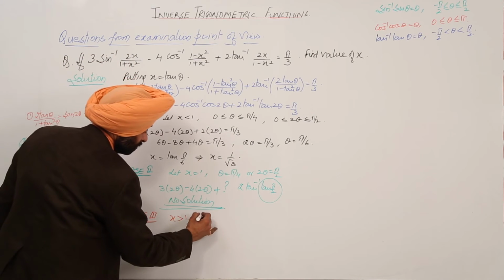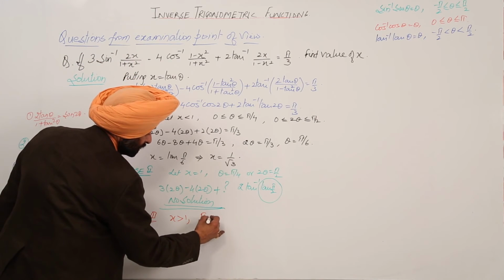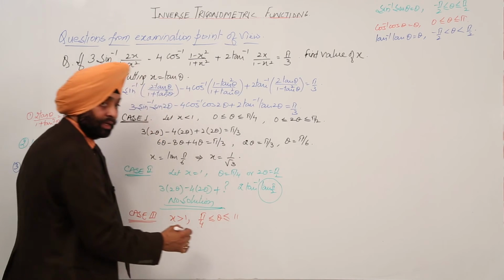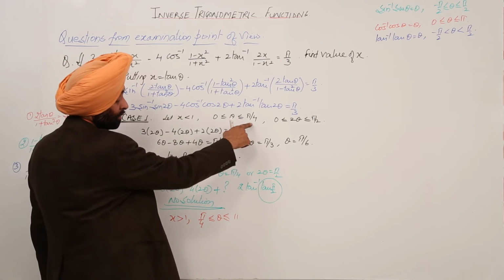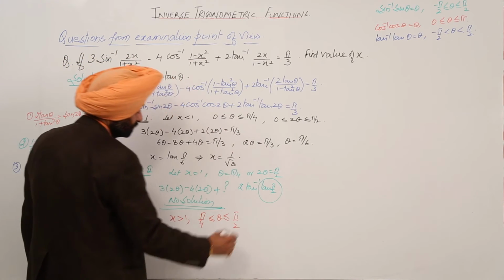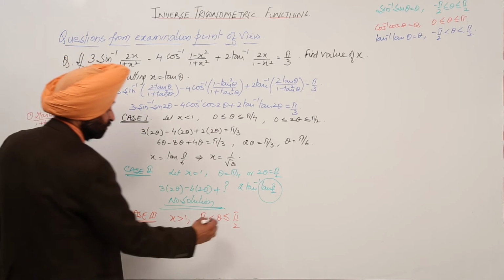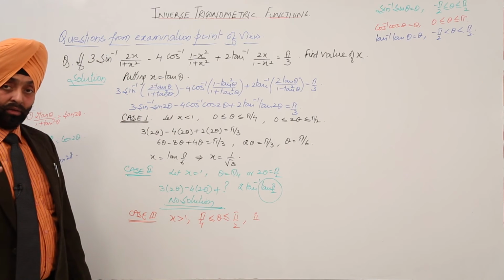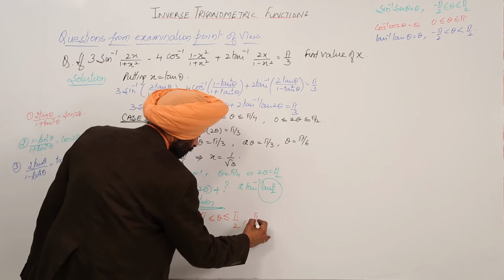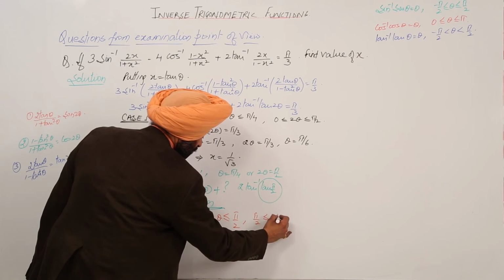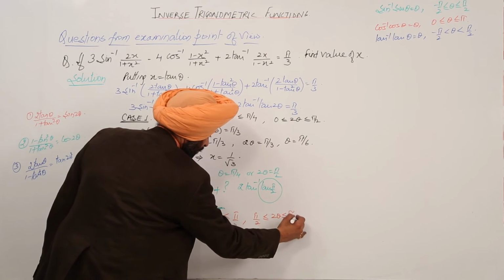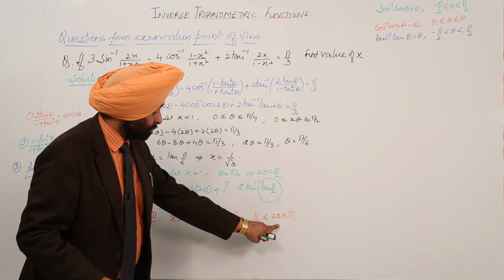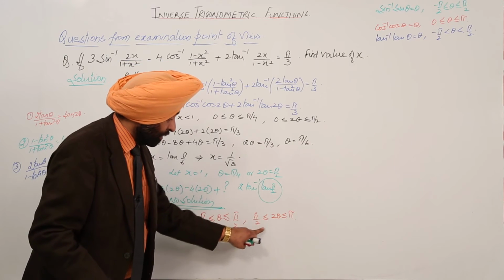Now we are having pi by 4 is less than or equal to theta is less than or equal to, earlier it was only pi by 4, now it is pi by 2. So we want 2 theta: pi by 2 is less than or equal to 2 theta is less than or equal to pi. We are having this part pi by 2 to pi.